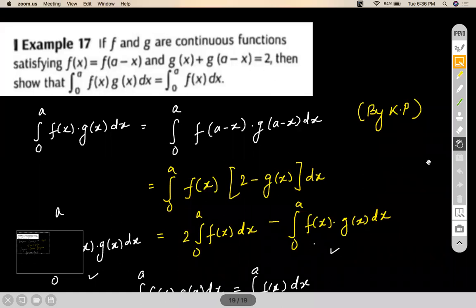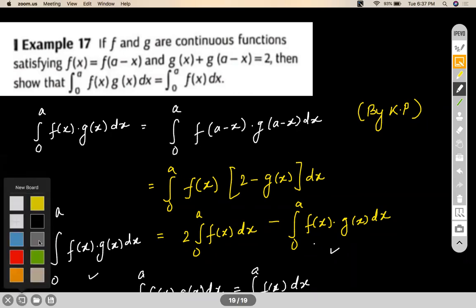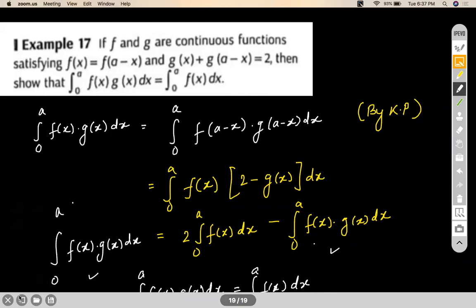The same way we do it for g(x), for g dash of x and g dash of a minus x. Since they're equal, you prove that g(x) equals 1. I'm not sure, sir, I'm just telling. Maybe I'm wrong. You can try it out and share with me if you find some breakthrough. Then you prove g(x) equal to 1 that way, and then integral 0 to a of f(x) g(x) equals integral 0 to a of f(x).